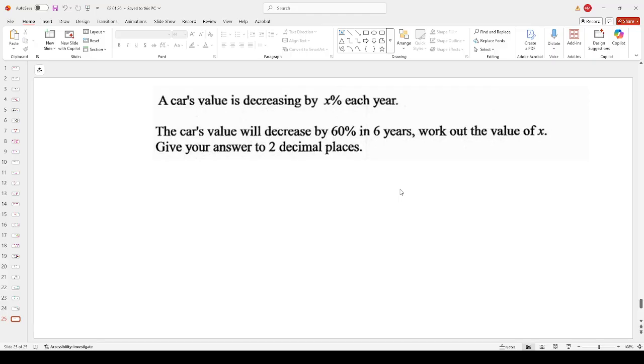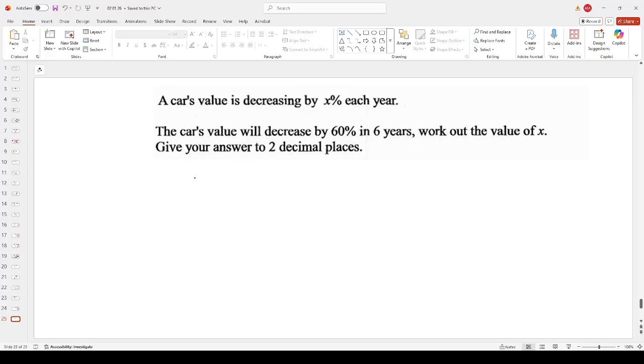If a car's value is decreasing by X% each year, the car's value will decrease by 60% in 6 years. Work out the value of X. So, a car's value. How do we usually do this?